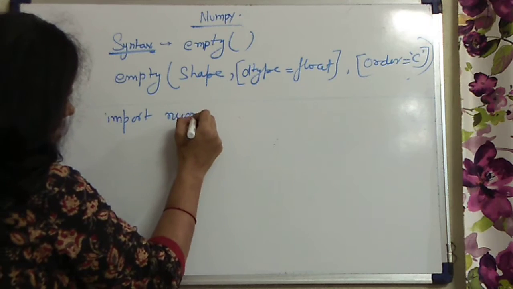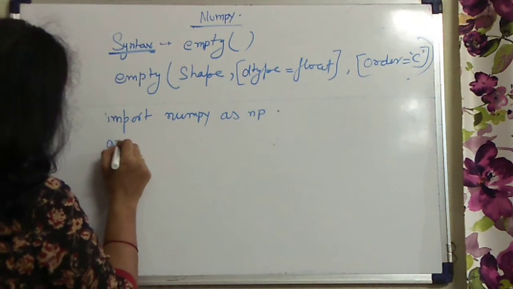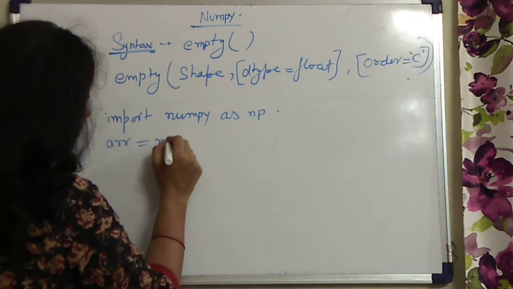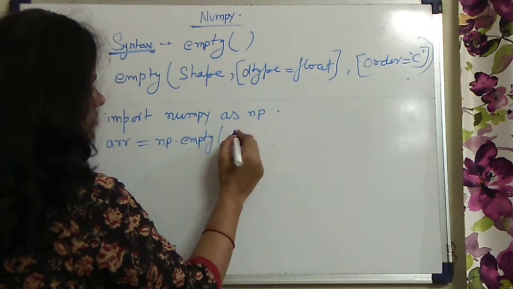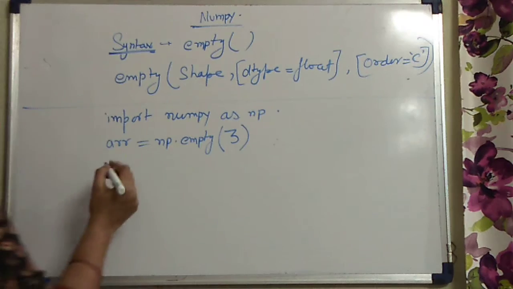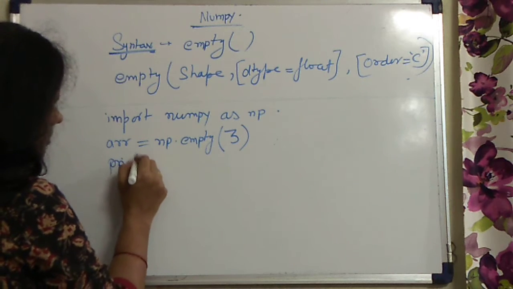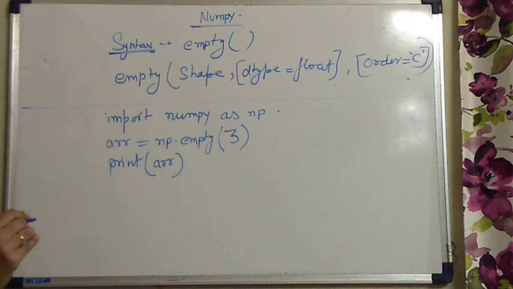Import numpy as np, array equals to np.empty. Here you have to mention the number. I have just written 3 here. Now write print array. Clear?